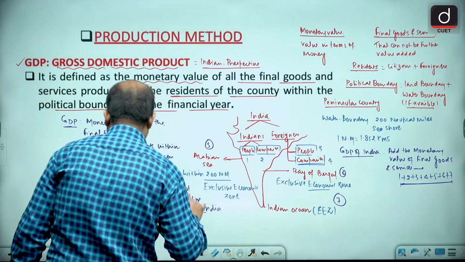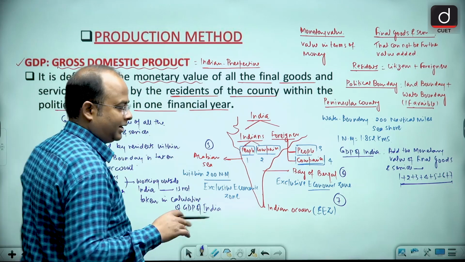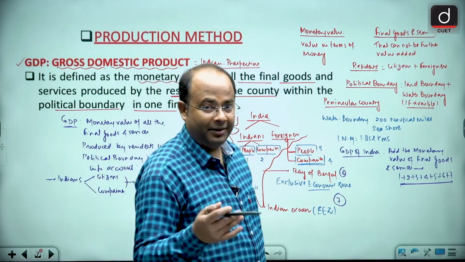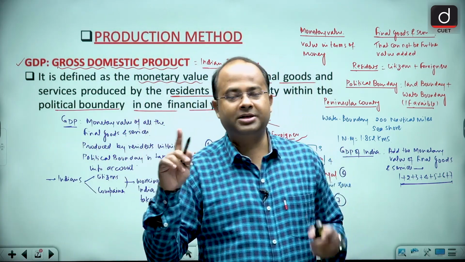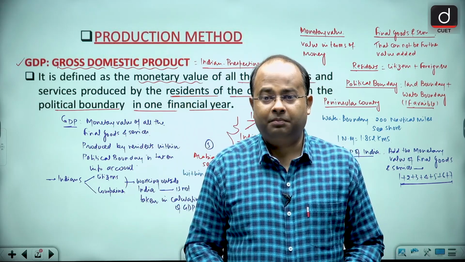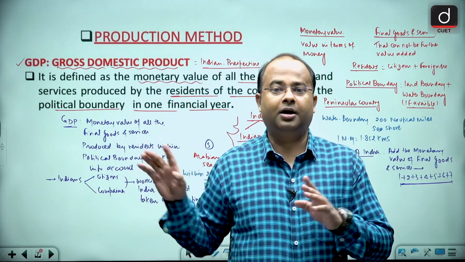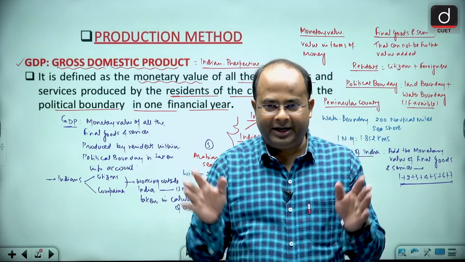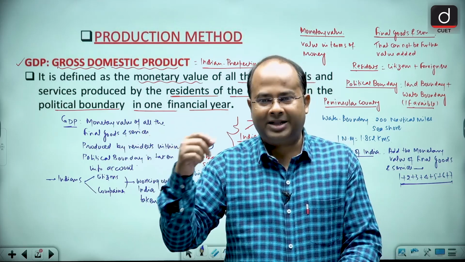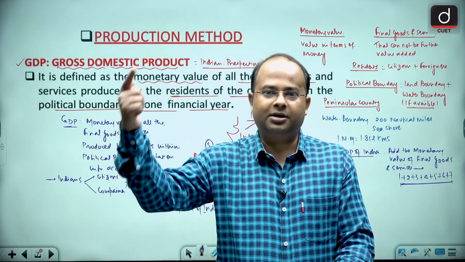So if any person or any company is working outside India, if the company is Indian but has branches outside India where they are working, their income, plus the income of Indian citizens working abroad, is not considered in calculating the GDP of India, because all that economic activity is happening outside the political boundary.